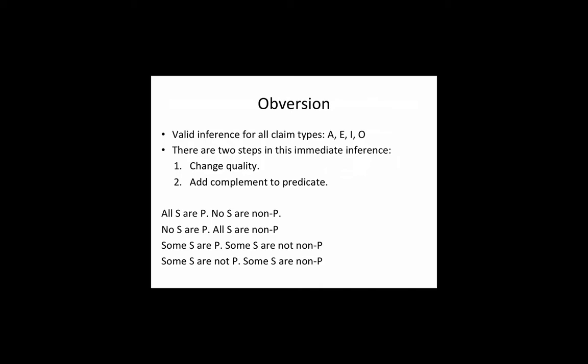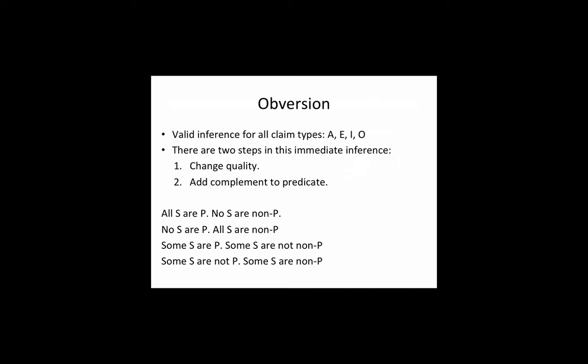Remember we said that the square of opposition on both the traditional and the modern interpretation is about making inferences between proposition types, between A and E, for example, or O and A. Obversion, conversion, and contraposition, on the other hand, are inferences that involve manipulating the proposition itself, not moving from one proposition to another.